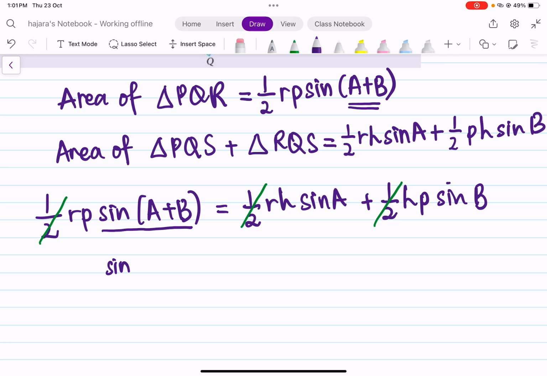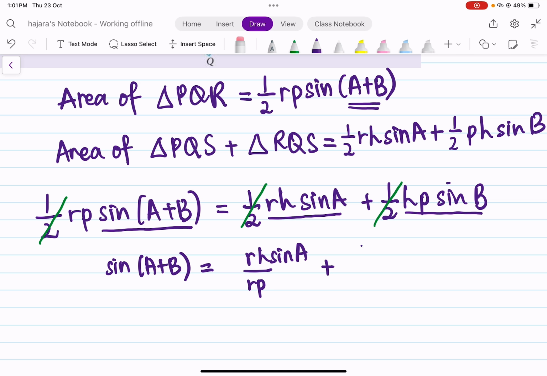So when I divide RP throughout, this will divide by RP, and this will divide by RP as well.